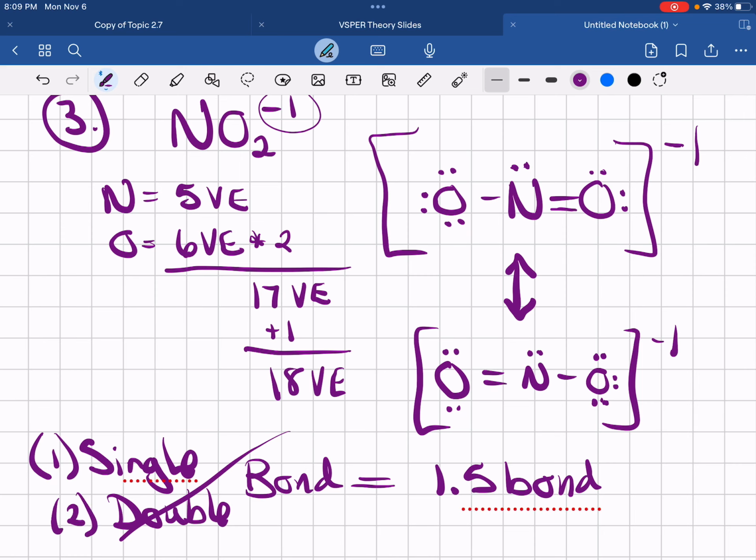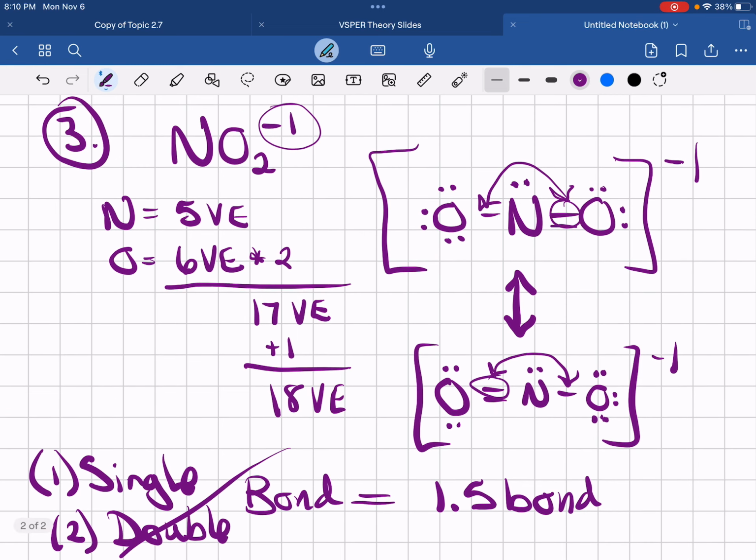It has something in between. And so what you find out is that, again, the bonds are actually not 2 individual single and double bonds, but this set of electrons is flipping back and forth on each of these, and it flips back and forth so often that the bonds to the oxygens are a hybrid of a single and a double bond.